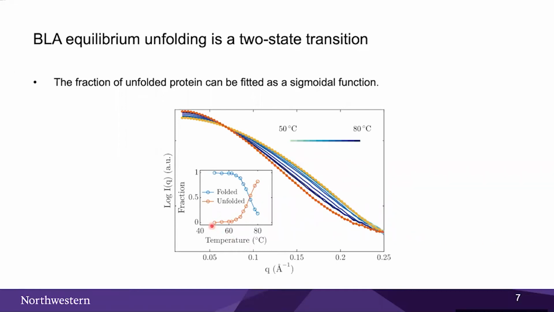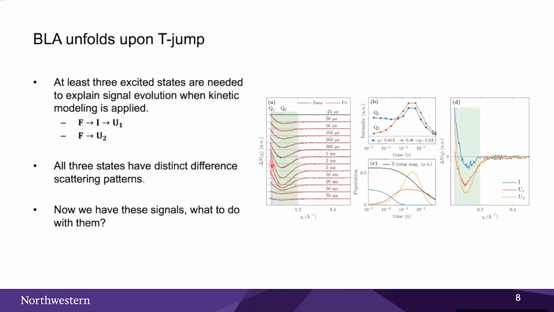And as you can see, as temperature increases, the fraction of unfolded protein grows in a two-state fashion. So we thought that, okay, if we cannot see the state but it exists somewhere in the conformational space, we might be able to see it using the temperature jump experiment. So in the meantime, we did the experiment. After a lot of signal processing, we arrived at this pretty complicated signal evolution.